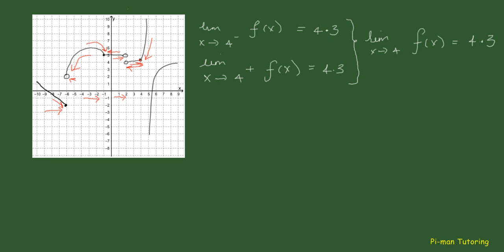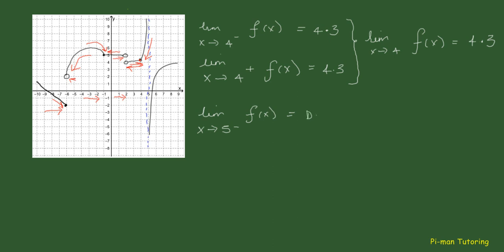And the last case to look at is the case where the limit as x is tending to 5 from the negative direction of f of x. And what we actually have here is an asymptote at x equals 5. So that means that as x approaches 5 from the negative direction, the function is heading off towards infinity.